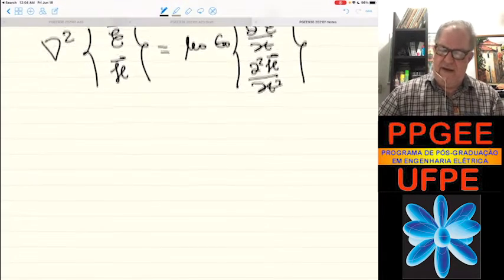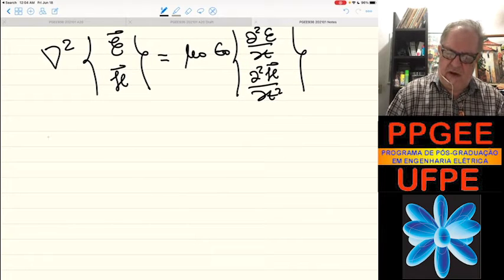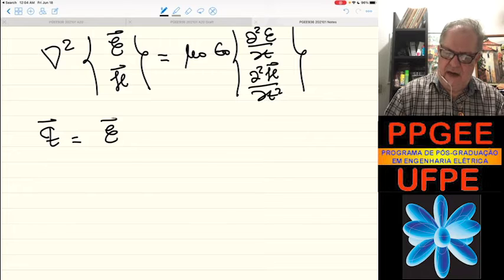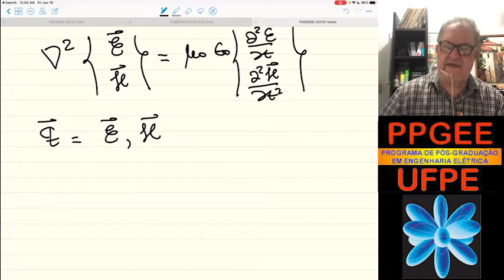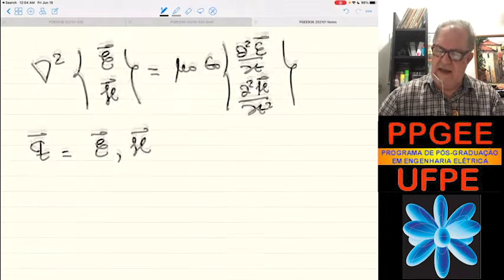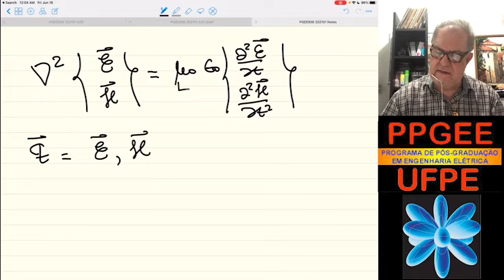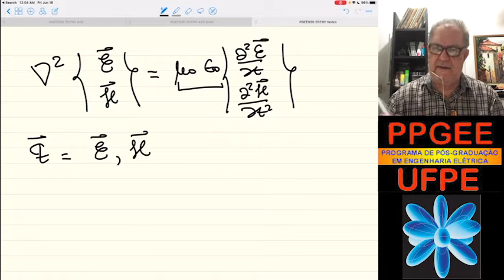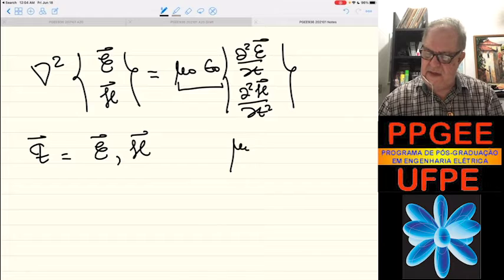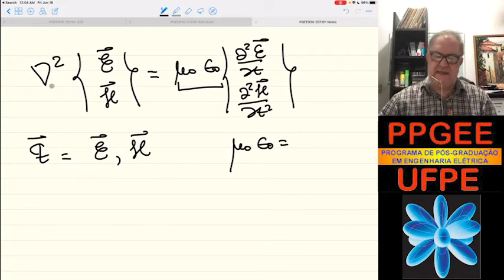So what we have, well, if we call F either E or H, we have an equation that has a very interesting form. Let's call this parameter mu 0 epsilon 0. If we see here, this is dimension of field divided by L squared.